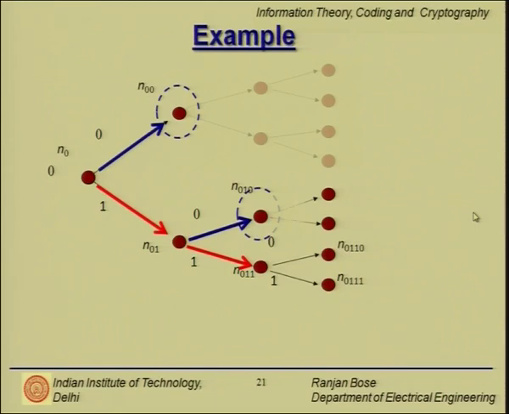So, we again wipe them out from the board, and once we have declared these two as valid code words, we have nothing left here. But then we still have a quarter of the tree left, and we proceed further.